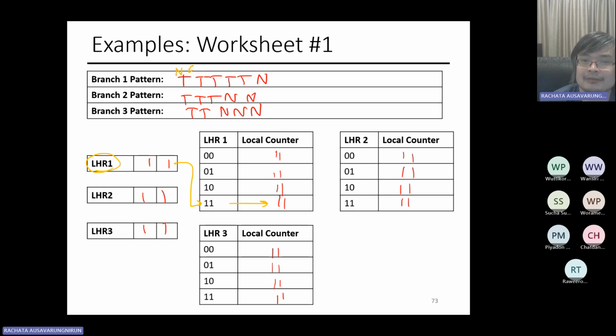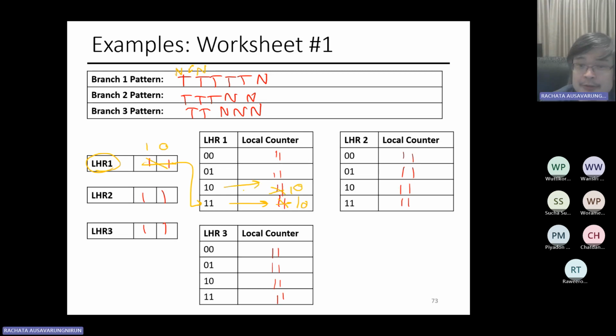Now, because you have each individual branch, you can just go one by one. Because this is an incorrect prediction, you change this to 1, 0. This is going to become 1, 0 as well. The next prediction here is not taken because it's 1, 0.